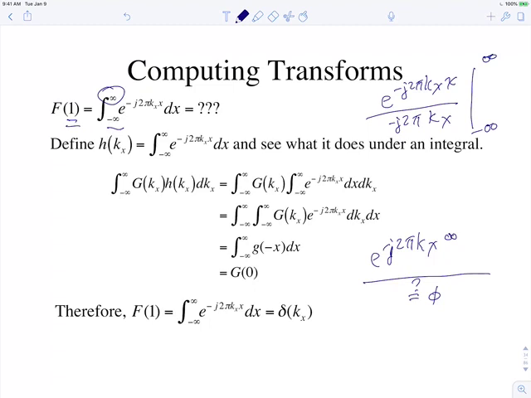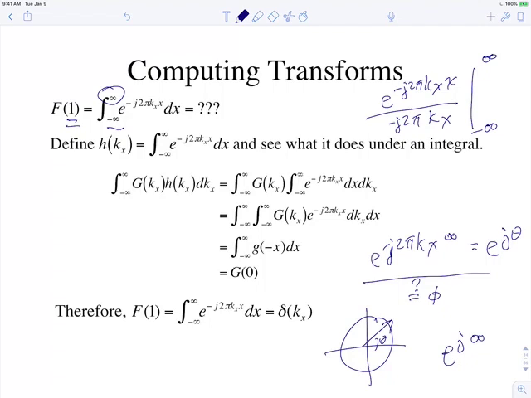Then it'd be 0 minus 0, or 0 minus infinity. It's actually not equal to 0, because remember, this is just something like e to the j theta. So it's saying that I want e to the j of infinity. And remember, theta is just the angle that this phasor is at. But that's not defined. So this is actually not defined at all.